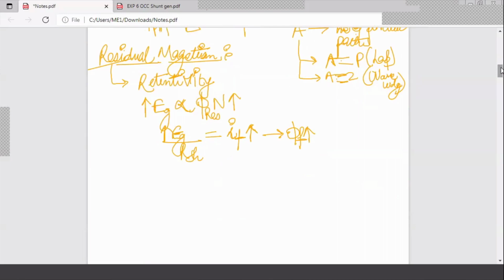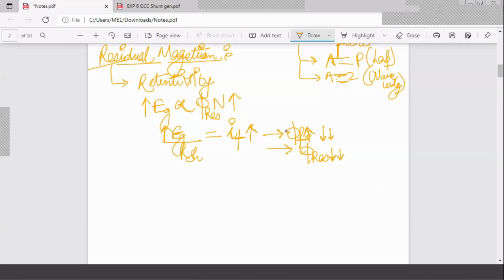A small amount of phi residual was there, and phi F is also in this direction. Let's say both are very, very small, but they are adding together and they form a total flux, phi total, that is phi F plus phi residual.